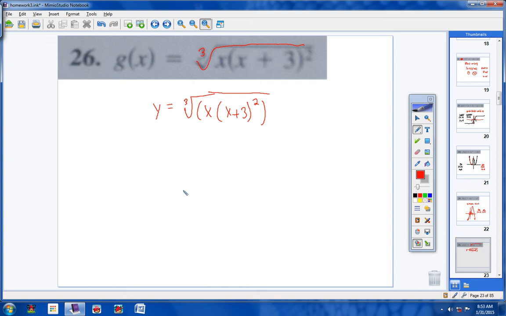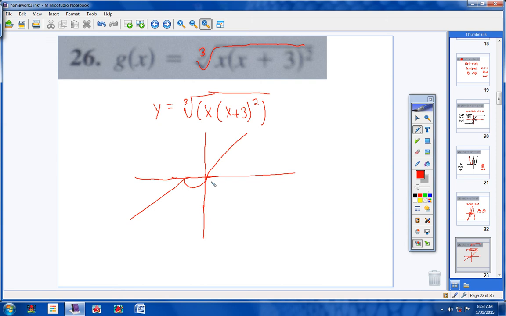Now the graph looks something like this. It comes up, does a little loop-de-loop like this, and then continues like this upward. You should see that on your screen. I went back to a standard window with -10, +10, -10, +10, and this is kind of what you'll see. Here's the y-axis, and here's the x-axis right here.